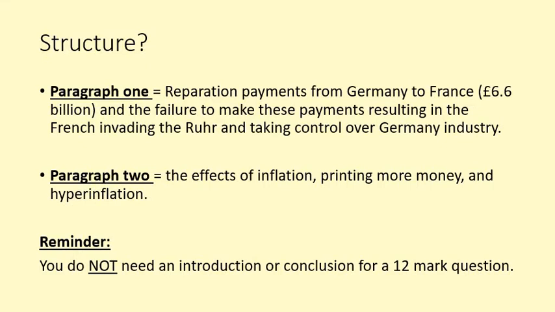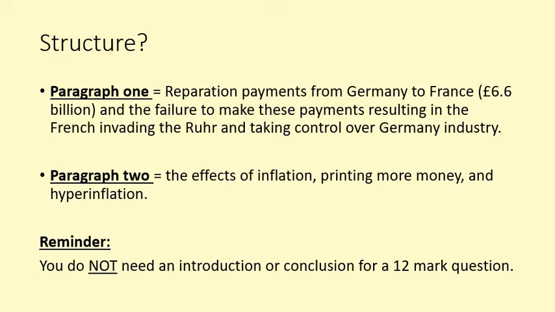And the second paragraph could be on the issues of inflation, printing more money and hyperinflation. Just a reminder, you don't need to write an introduction or a conclusion for a 12-mark question. So the format of this is exactly the same as the 12-mark question for the medicine paper that you practiced recently for your prep exam.